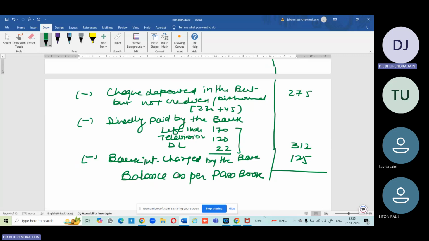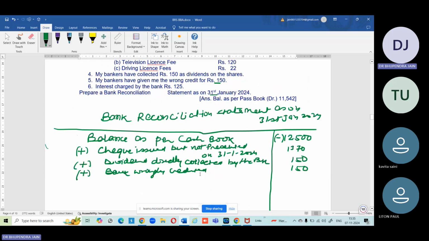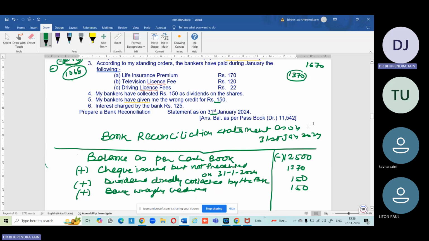Sorry, minus 275, minus 312, and minus 125. So this is minus 11,542. This is balance as per passbook. This is 11,542 debit balance.